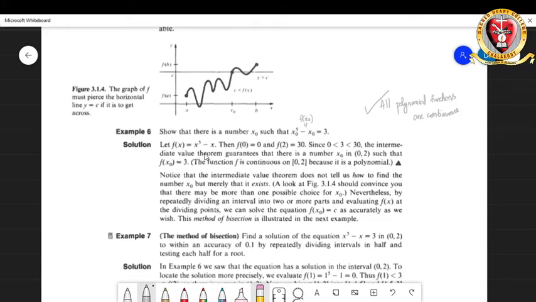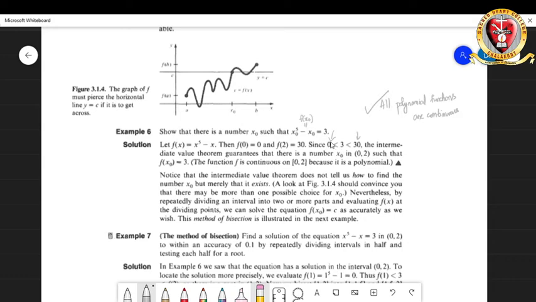Now we just have to find two numbers on either side of 3. You know that 3 is a positive number, so you have to choose two numbers such that they lie on each of the two sides of 3.